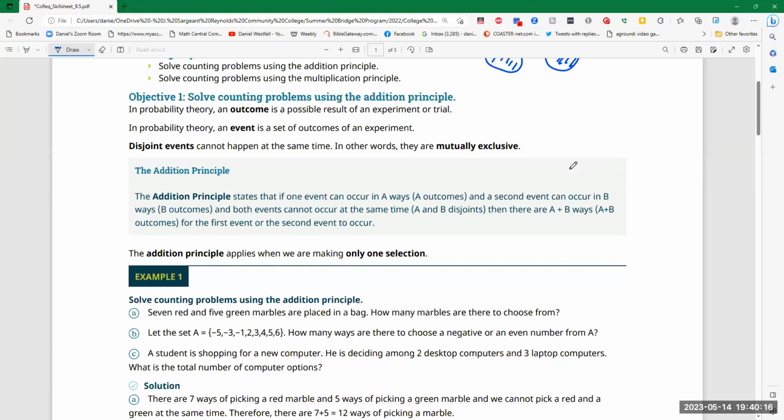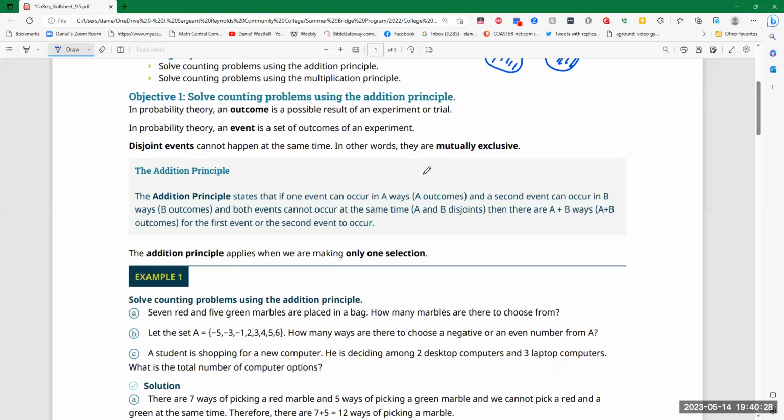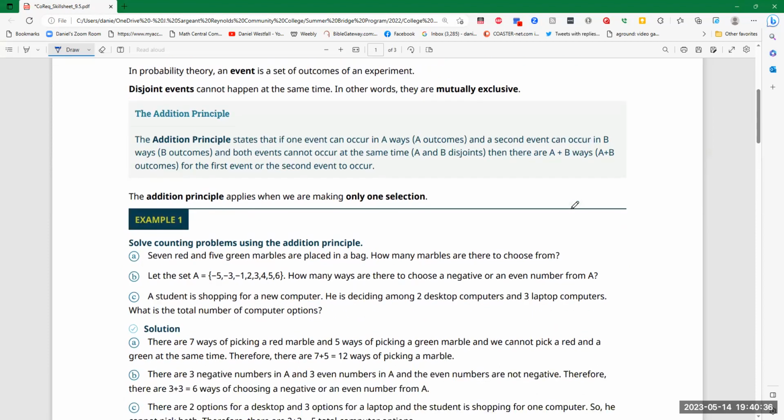So the addition principle states that if an event can occur in A different ways, A outcomes, and a second event can occur in B ways, B outcomes, so A and B here that are separate, and both events cannot occur at the same time, A and B are disjoint, then there are A plus B ways or A plus B outcomes for the first event or the second event to occur.